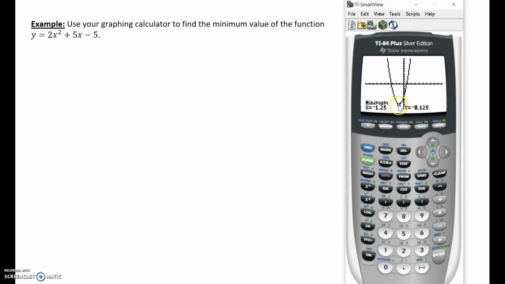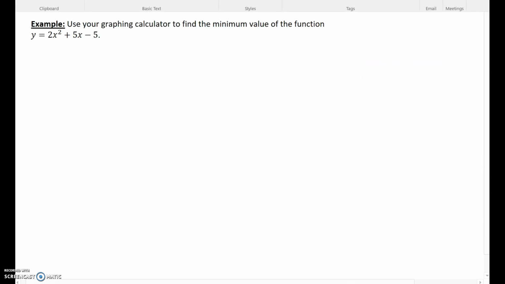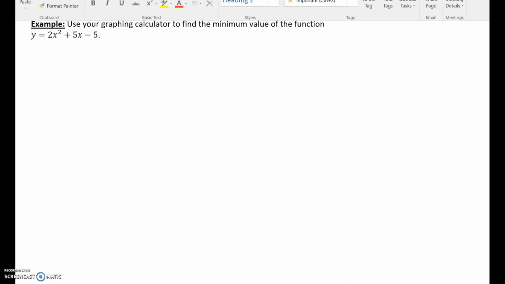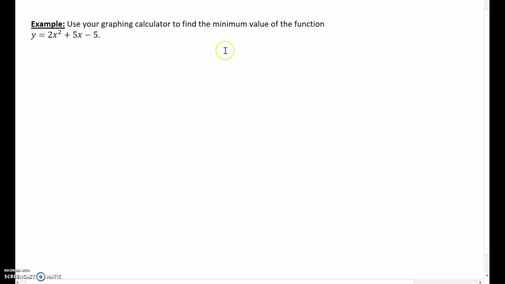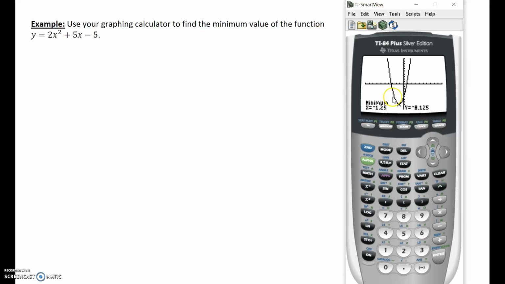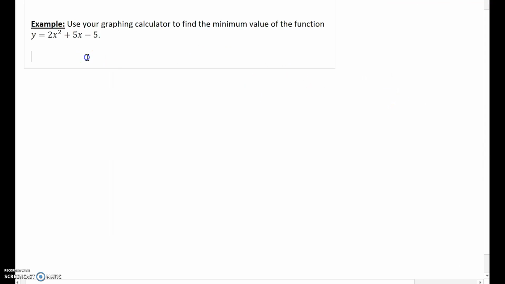Okay, so this is the vertex. So the coordinates of the vertex would be negative 1.25, negative 8.125. The minimum is the y coordinate of the vertex. So the minimum value is negative 8.125.